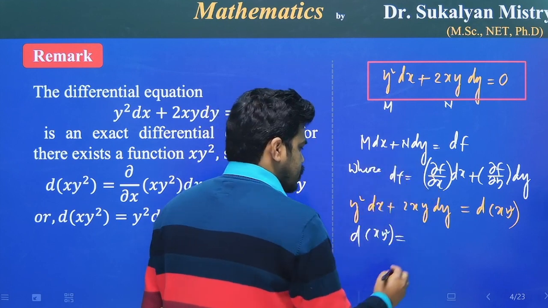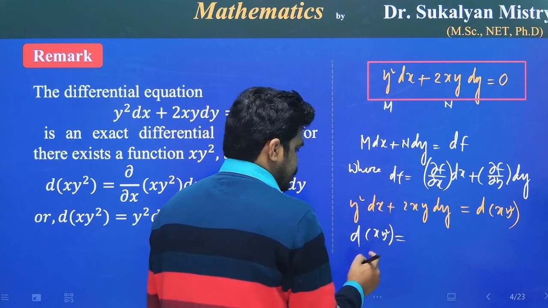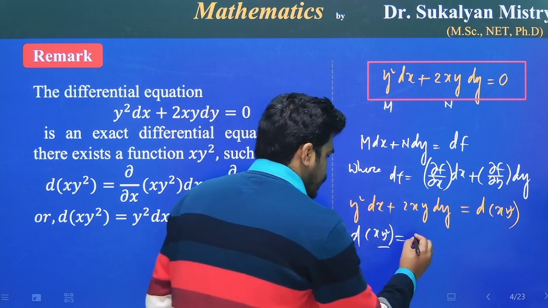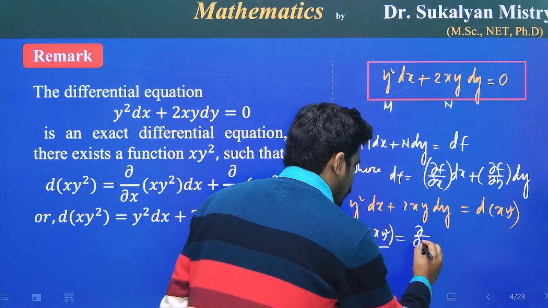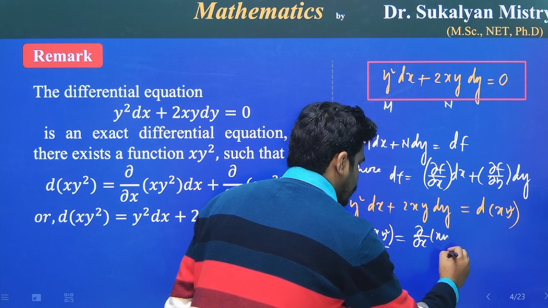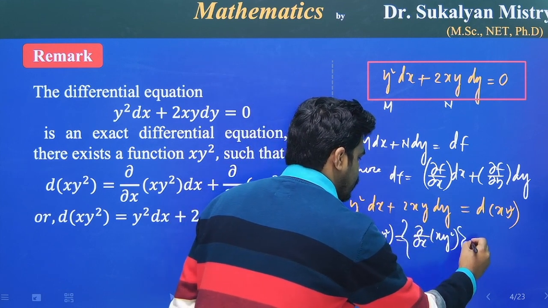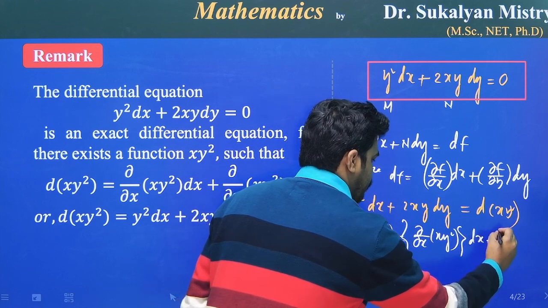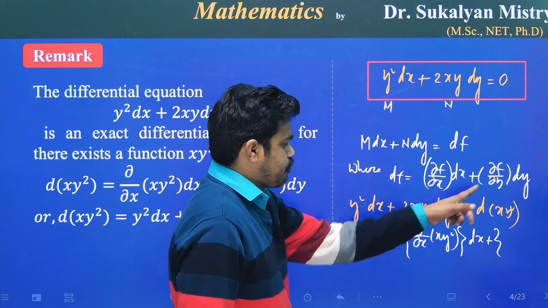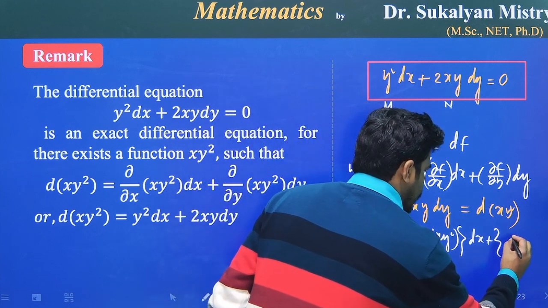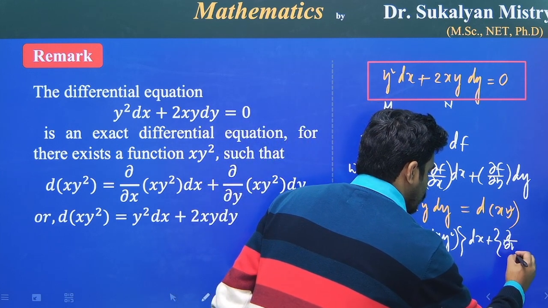So del f del x into dx, if you consider f, del f del x, what is f? F is xy square. Del f del x into dx plus del f del y into dy, this is f, so del f del y, what is f?